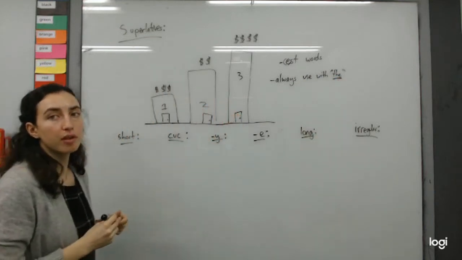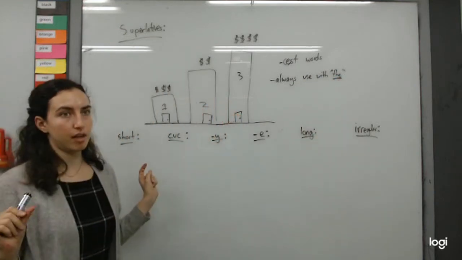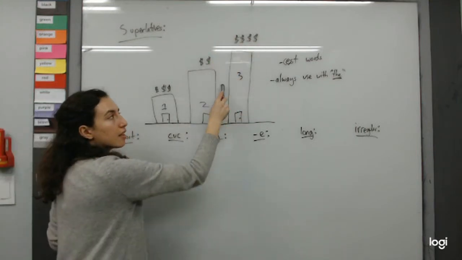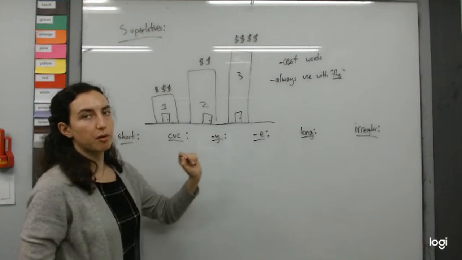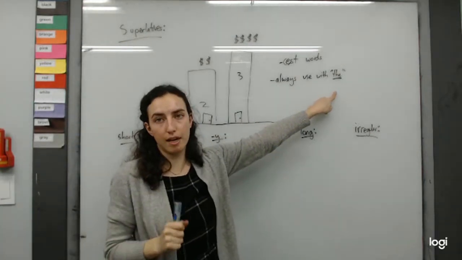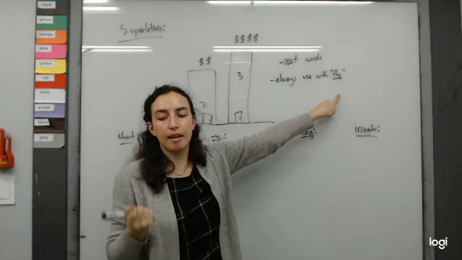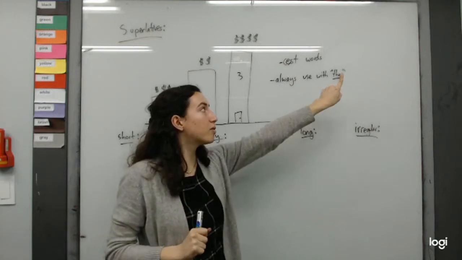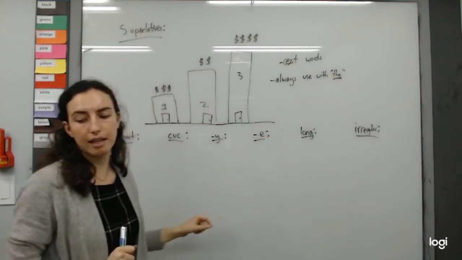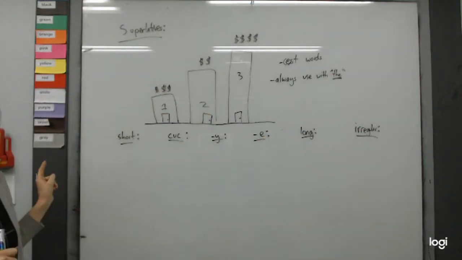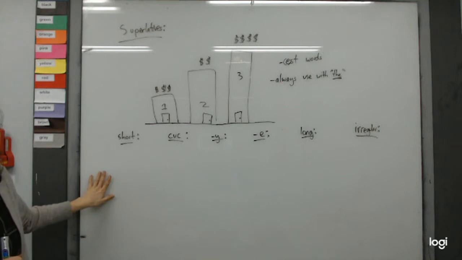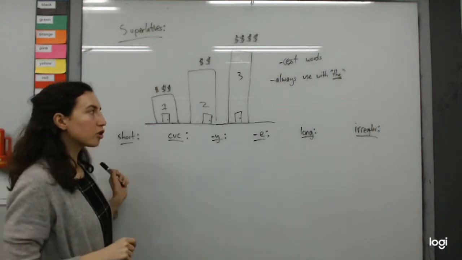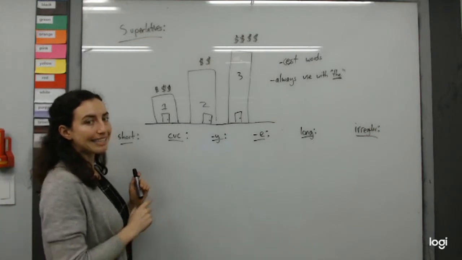When we are using superlatives, we are talking about only one thing. The one that is the most, the biggest, the most expensive. So we use it with the because there is only one that is like that. Only one can be the biggest. There cannot be two biggest. It makes no sense. So we always use it with the because it is specific. It is one. When we make a superlative, normally what we do with a normal short adjective is we just add est.